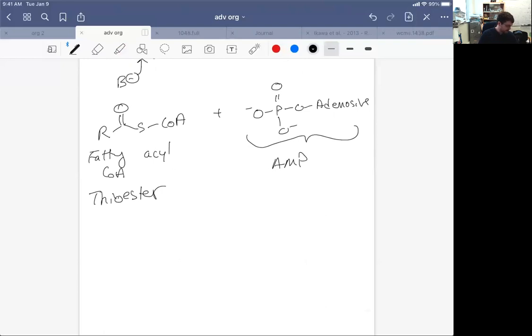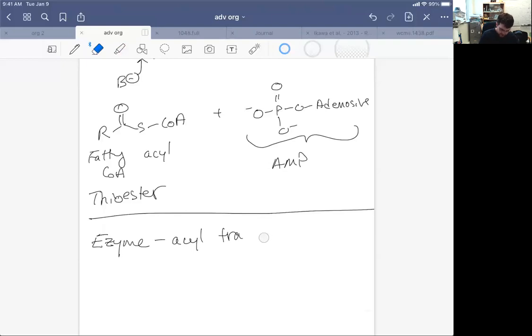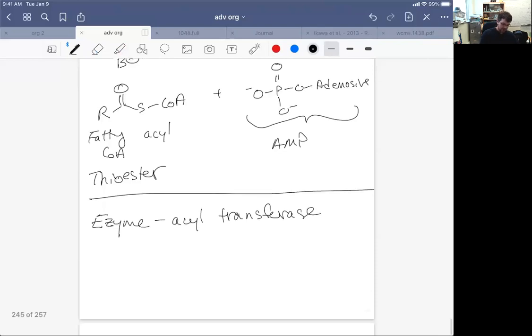And so what happens is there's an enzyme. The enzyme is an acyl transferase, which is going to swing the acyl group, that carbonyl group, around in the biological environment.